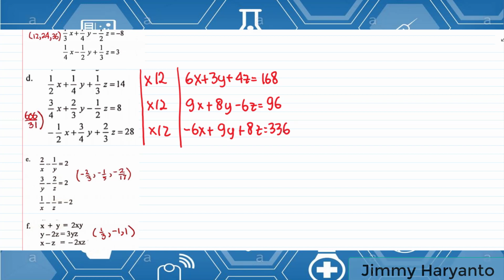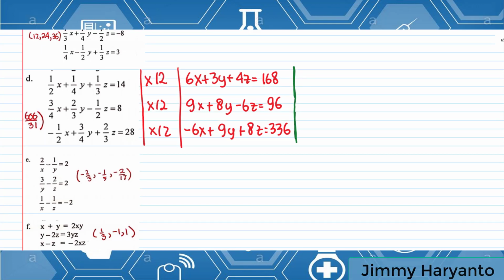Okay, next we have to eliminate the z. So I times it by 6, times it by 4, times it by 3 to make it into 24. So 36x plus 18y plus 24z equals 168 times 6, 1008.